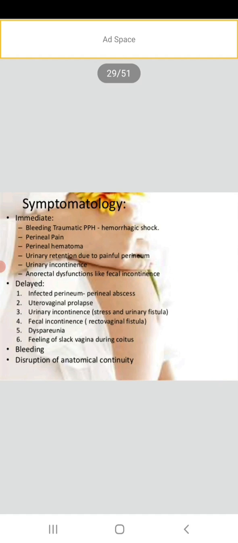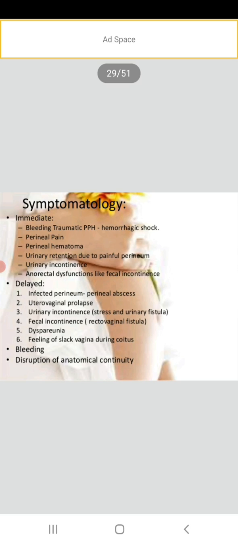Because of this, after the episiotomy, we are suturing the walls. Without knowing that the perineal tear has occurred, we have sutured the walls and the blood may clot inside the vagina. That is called perineal hematoma. Then urinary retention, when we are not giving proper care or not assessing the proper position.